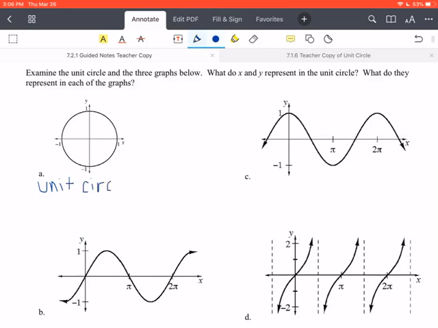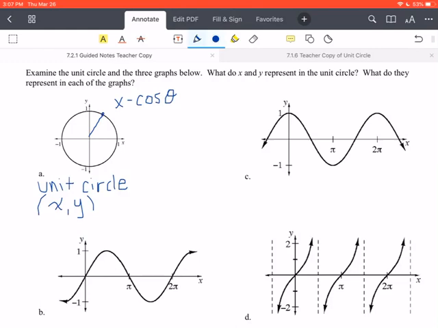So we need to think about on the unit circle, we talk about x values and we talk about y values. But in reality, what does x represent on the unit circle and what does y represent? Well, we have kind of memorized that x represents the cosine of whatever reference angle or angle that you're focusing on. So if we are looking at this point right here.